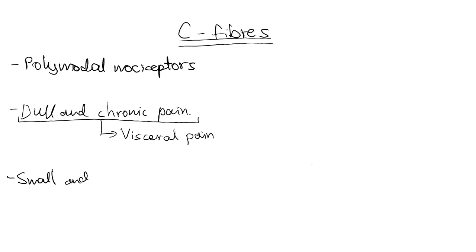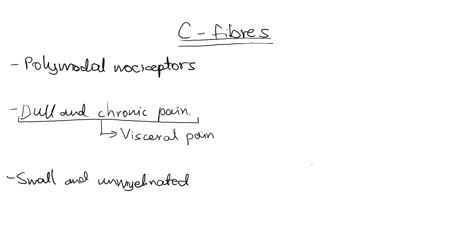But at the same time, these fibers are unmyelinated, which means that compared to A delta fibers, these nerve fibers are not able to allow for the transmission of pain to the same speed or to the same extent. That essentially means that the onset and the regression of pain, although a minute difference, will be slightly slower for C fibers compared to A fibers.